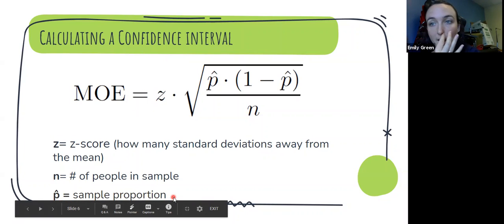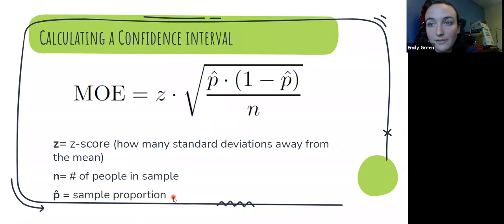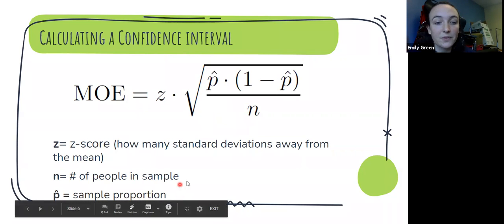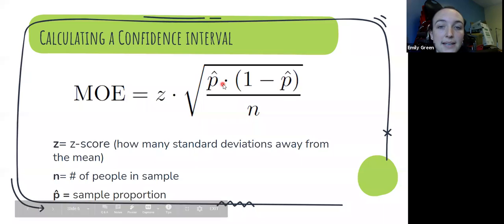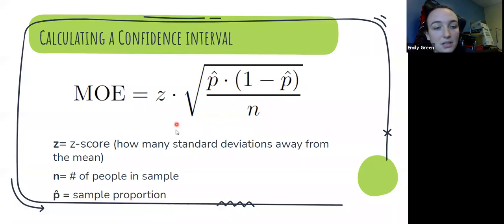So for example, from that video you did last time, if 52% of the people agreed with candidate A, they were going to vote for that guy, then the sample proportion would be 0.52. 52% becomes 0.52. So always a decimal, right?